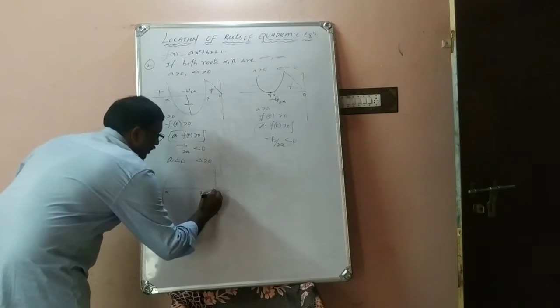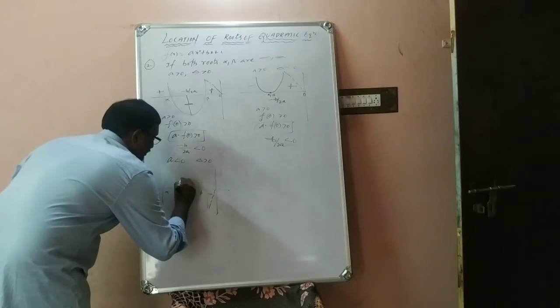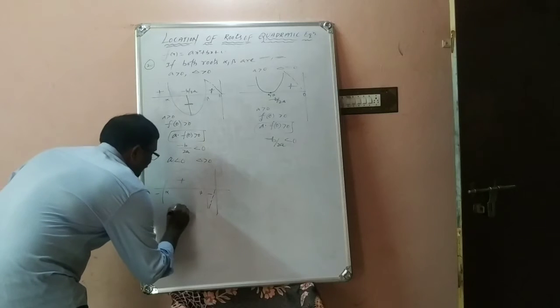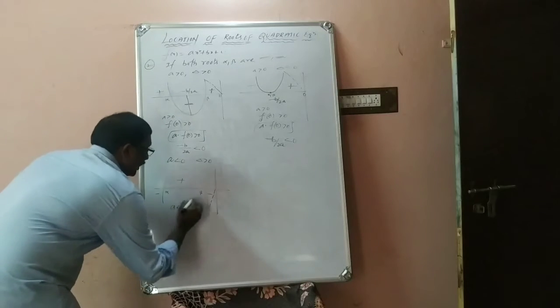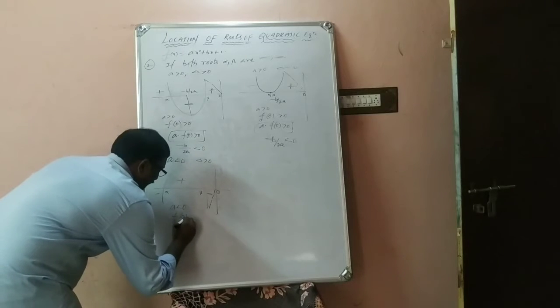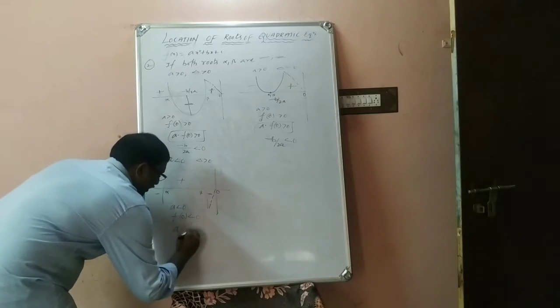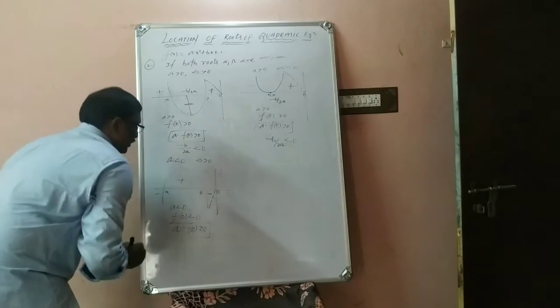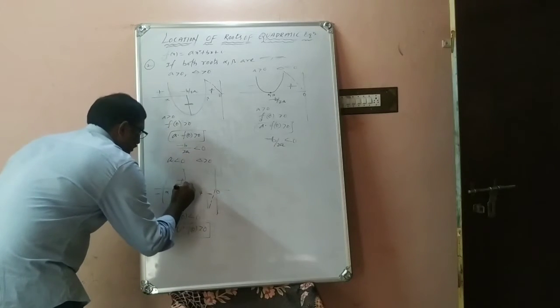By using the wavy curve method, this is negative and this is positive and this is negative. Now, a is negative, and what about f of 0 here? F of 0 is negative. So that a into f of 0 is what? Positive.